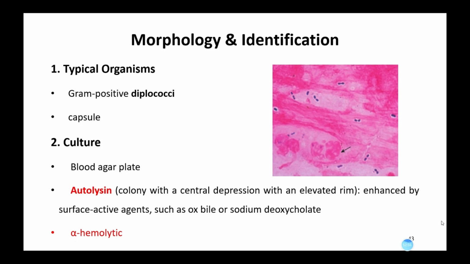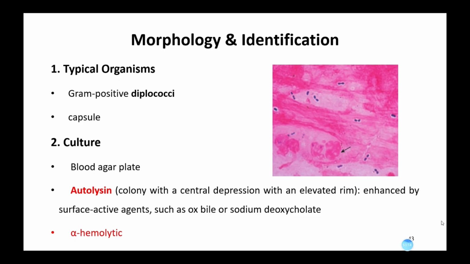But when you culture the bacteria, you want to be careful that this bacteria is able to produce autolysin. Autolysin is the molecule produced by the bacteria itself. It can kill itself.